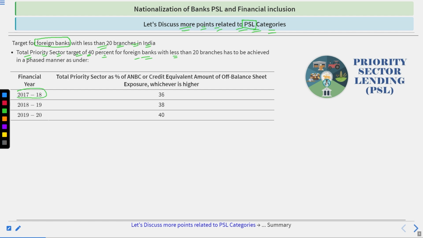In 2017 to 18, it was total priority sector as a percentage of ANBC, or credit equivalent amount of off-balance sheet exposure, whichever is higher, that was 36%. 2018 to 2019, 38%. 2019 to 2020, 40%. And still in 2024 it is 40%. There is no change in the data.